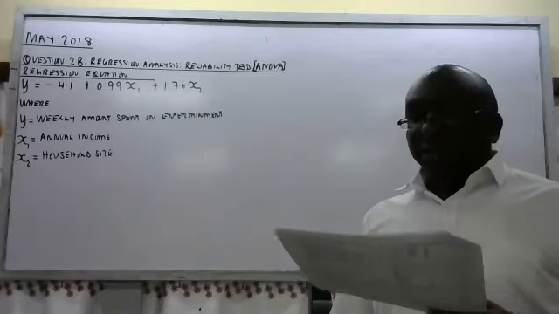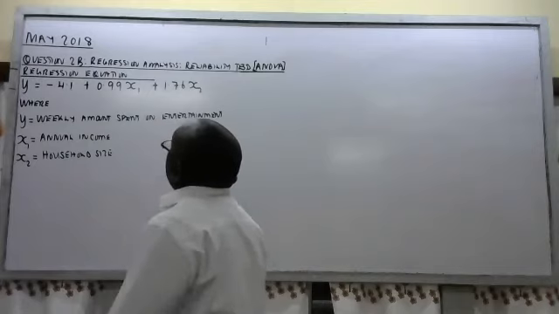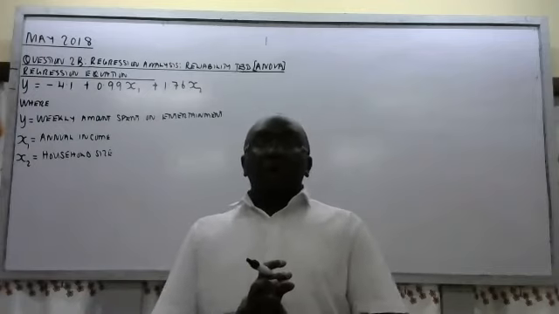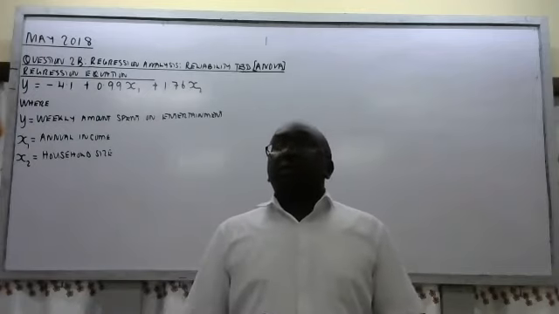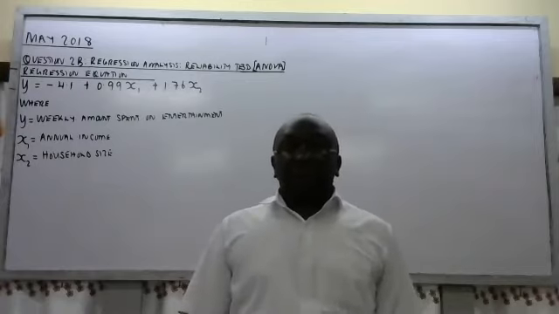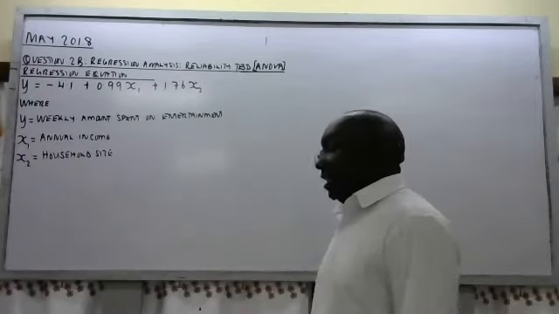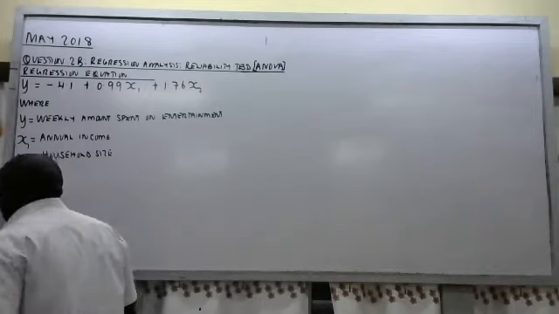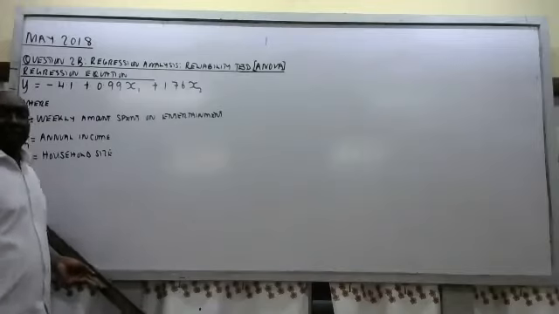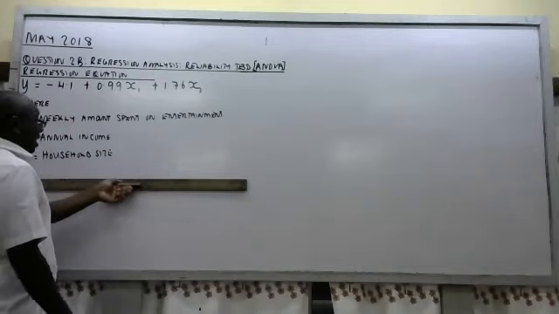The next thing we are told is to do a statistical analysis. Now, the examiner is not clear on what analysis you want. But we know that there are many types, which are divided into three. So you can do a few, or you can do all of them. For my case, I'm going to do all that can be done.